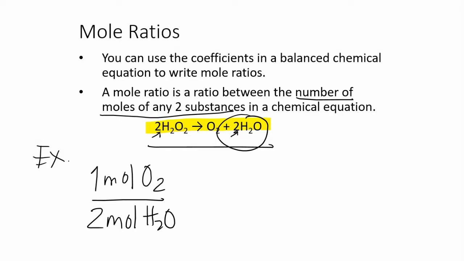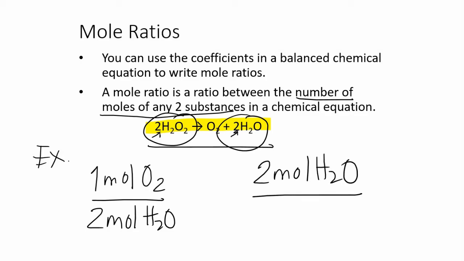Also, we can say 2 moles of hydrogen peroxide is equivalent to 1 mole of oxygen. Yung relationship nila, yung mole relationship or mole ratio, ginagamit natin itong mga coefficient na ito.